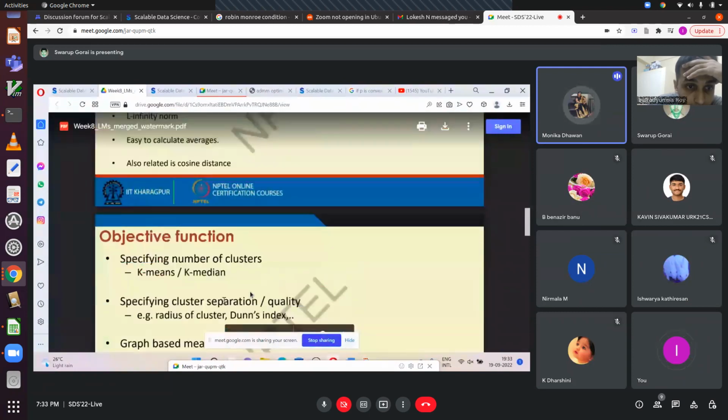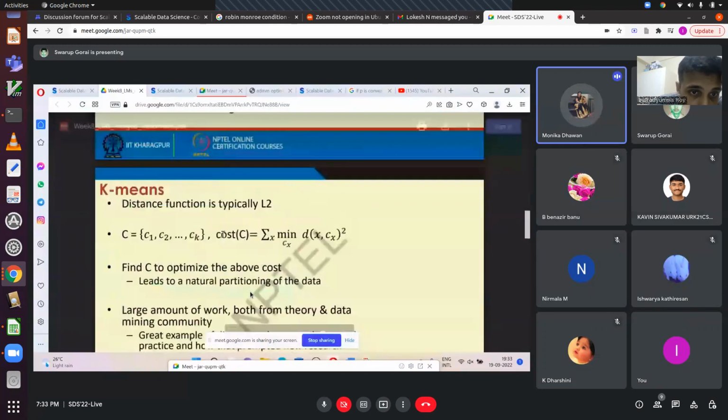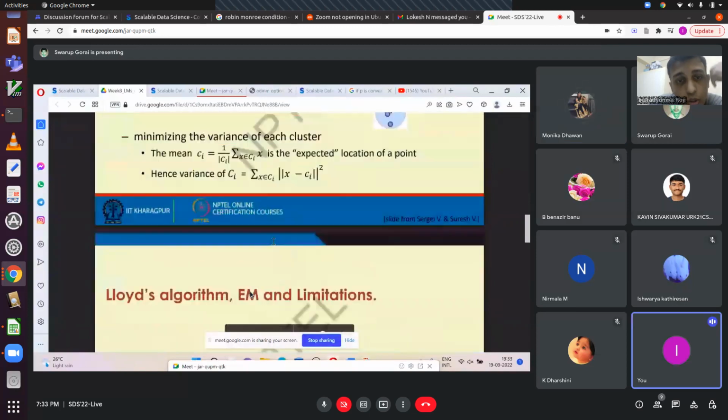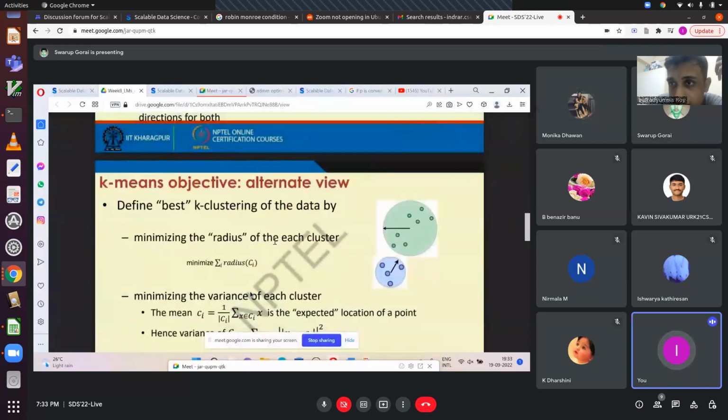The question is whether the L2 norm and distance are the same. The L2 norm is one type of distance. Let's say you have a bunch of points on the 2D plane, and two points, (0,0) and (1,1).